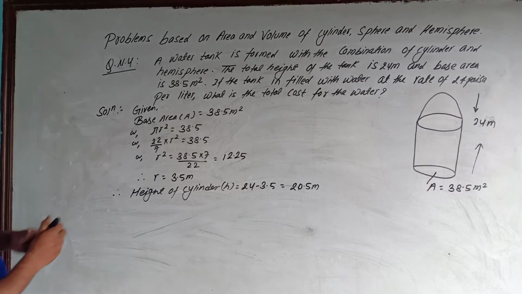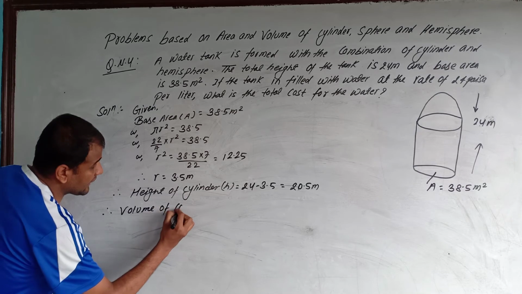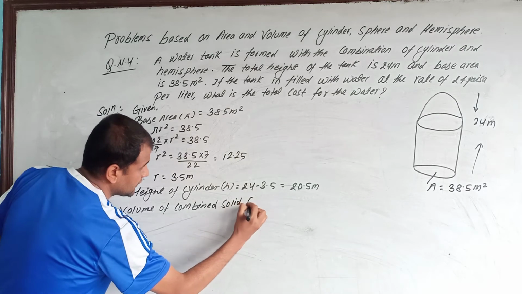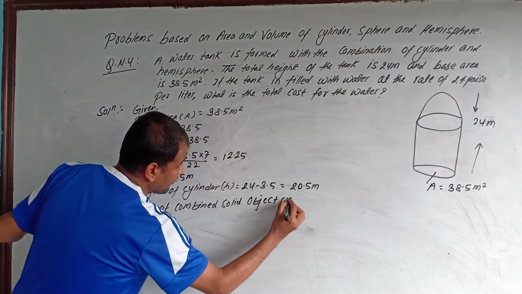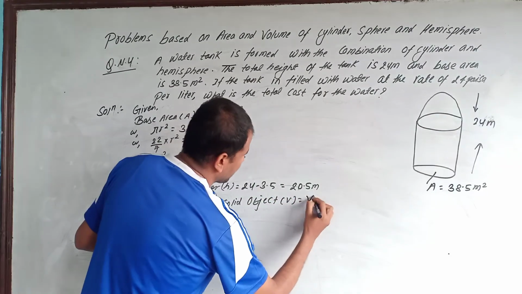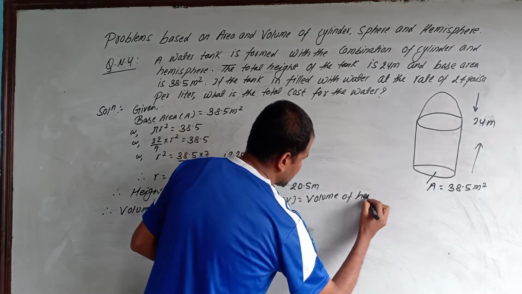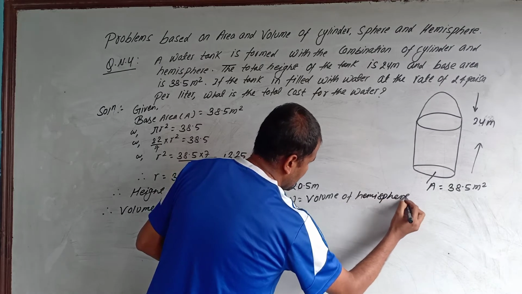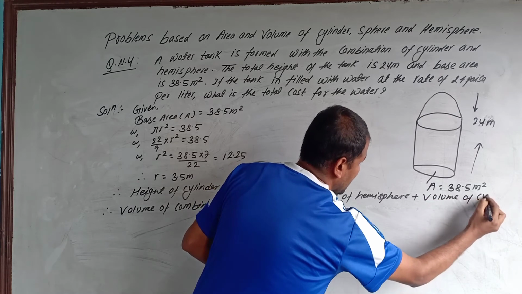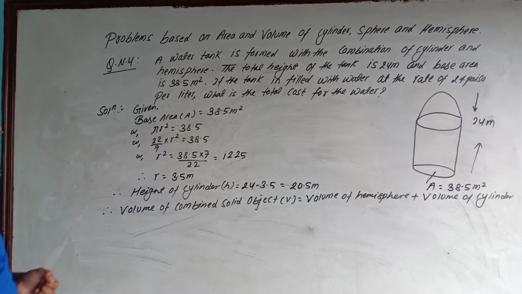So volume of combined solid object V is equal to volume of hemisphere plus volume of cylinder.